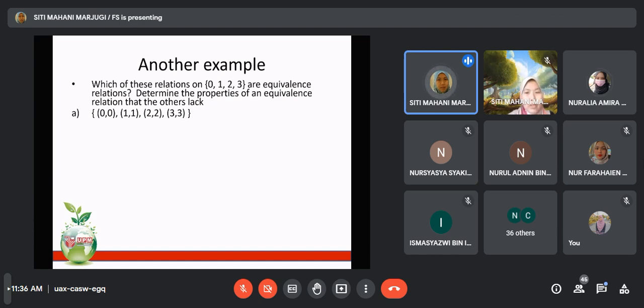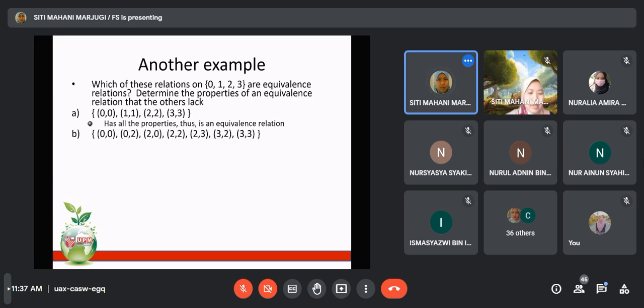This shows the 1, 1 kan? This shows the reflexive, symmetric, same sir. So dia semua certified. In terms of the reflexive, symmetric and also in terms of the transitive.